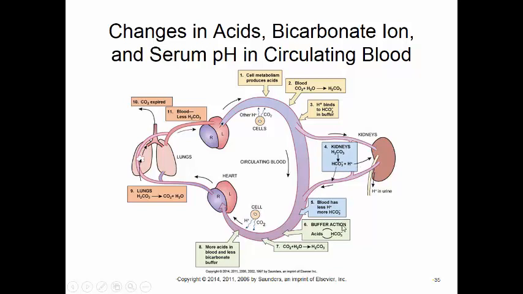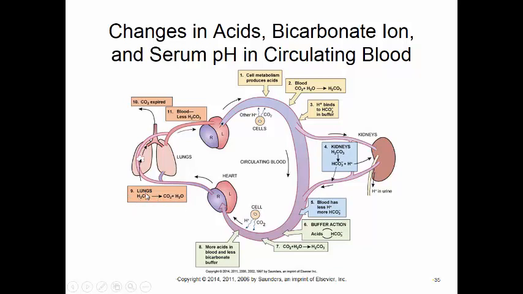The blood has fewer hydrogen ions and more bicarbonate ions. This is bicarbonate because it's negative. It can pick up the acids and go out and become carbonic acid. That means there's less bicarbonate, less buffer. It goes to the lungs where we get rid of the CO2 and the water.